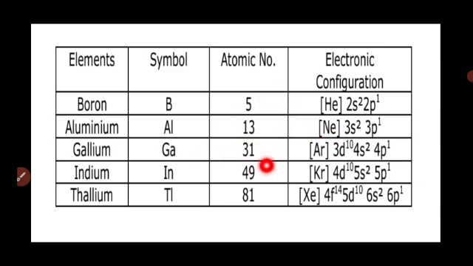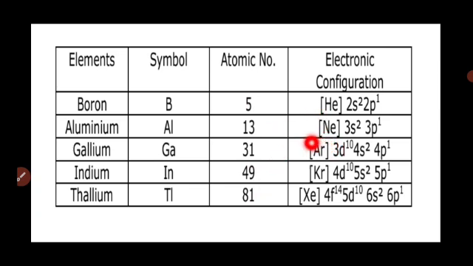So how can you remember this atomic number? Last year I already told you the difference remains the same: the first difference is of 8, the second difference is of 18, the third difference is again of 18, and the fourth difference is of 32. Okay.